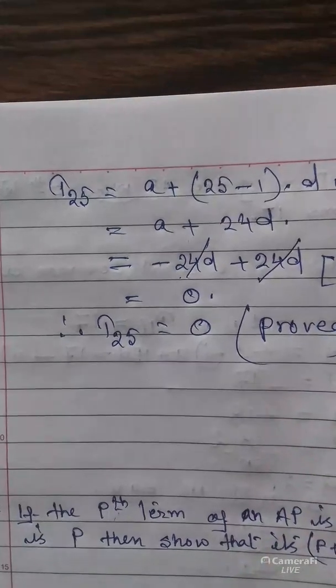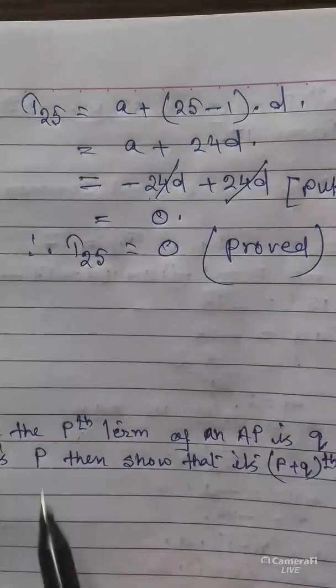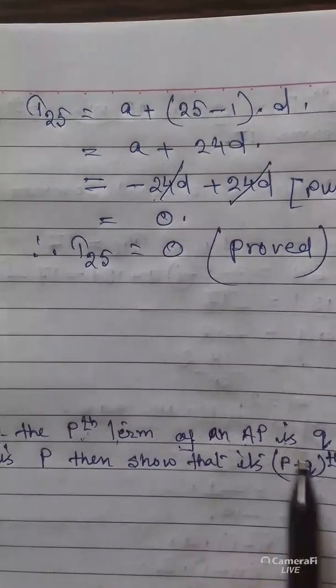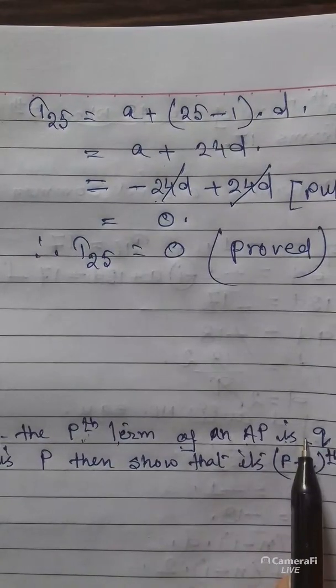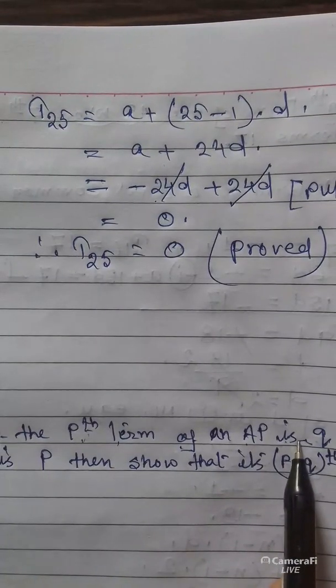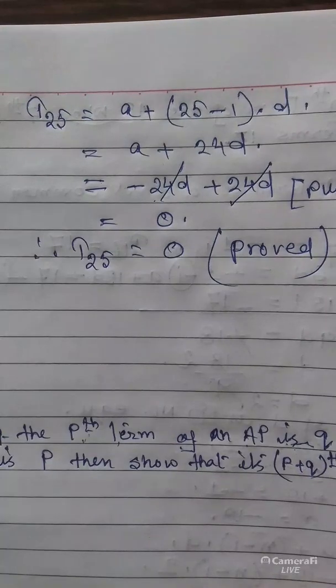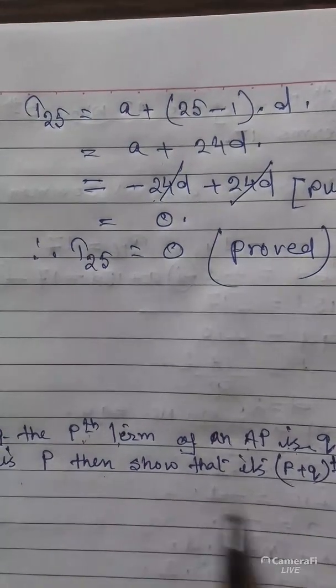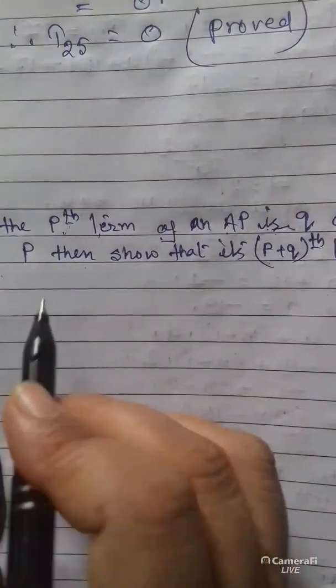Okay students. Now if the pth term of an AP is Q and the qth term of an AP is P, then show that the (P plus Q)th term equal to 0.